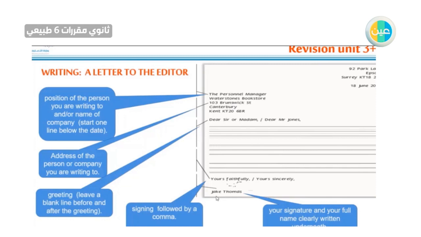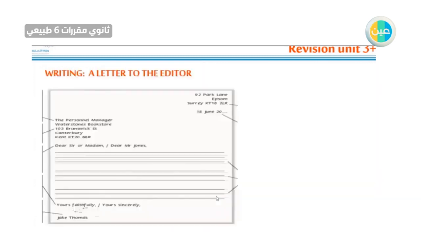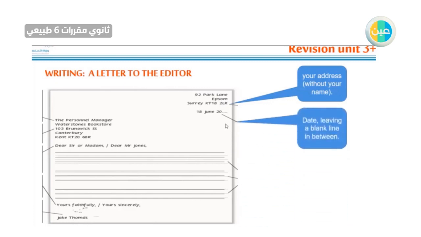Okay? Let's go to the right side. First, at the top, you will write the address, your address. Here was the receiver address, here the writer address, without your name, because your name will be at the end of the letter. Then the date, leaving a blank line between the address and the date, don't forget.